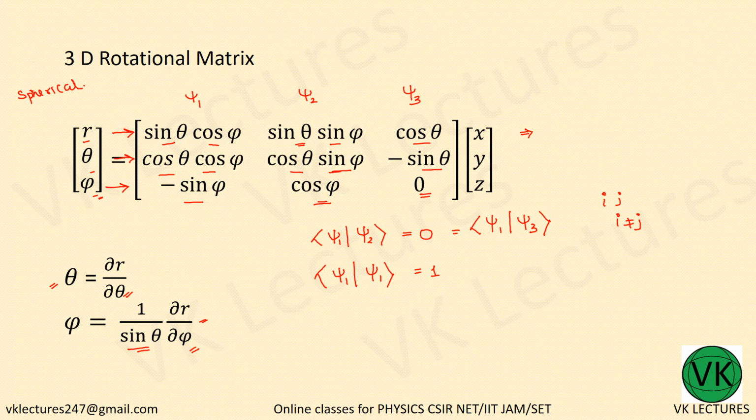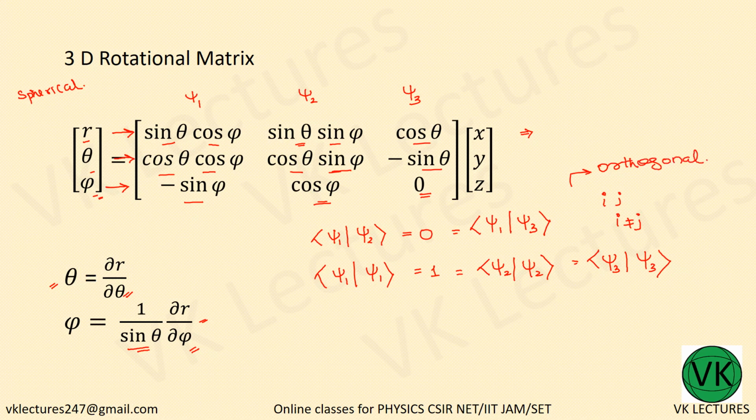A few other examples of normalizing conditions are psi 2, psi 2 and psi 3, psi 3. For the others you will get four more pairs where it satisfies the orthogonal condition.